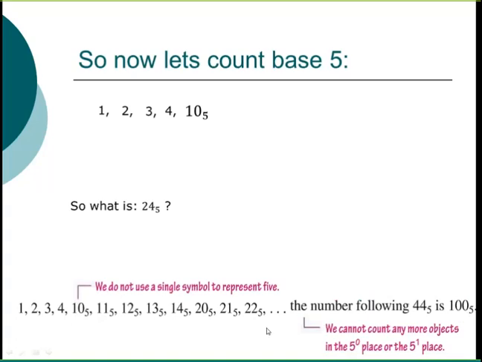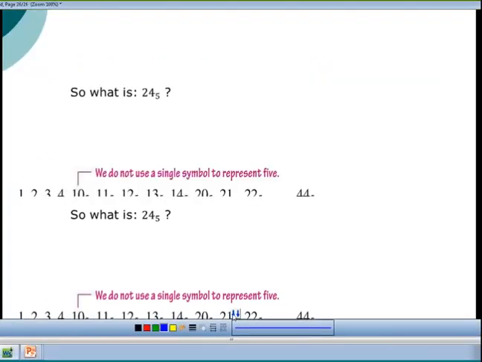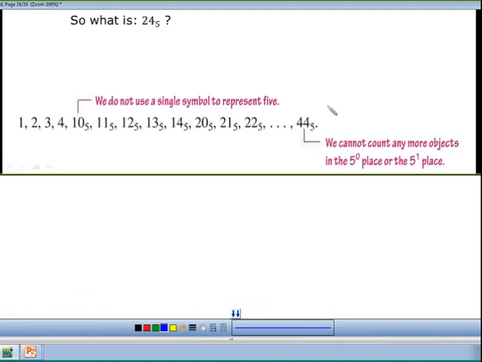Okay, so as soon as we got there, hopefully you're following what I'm saying, I can't just say 45, because this is 5 groups.